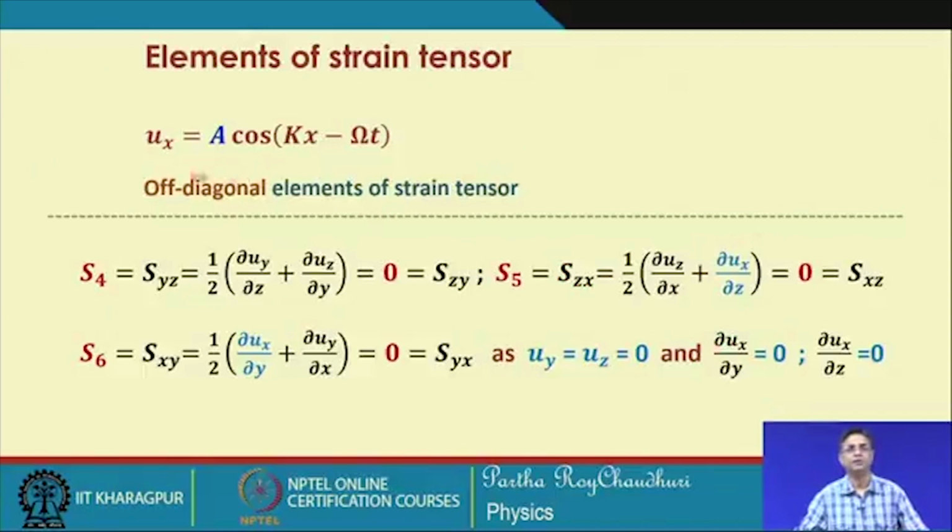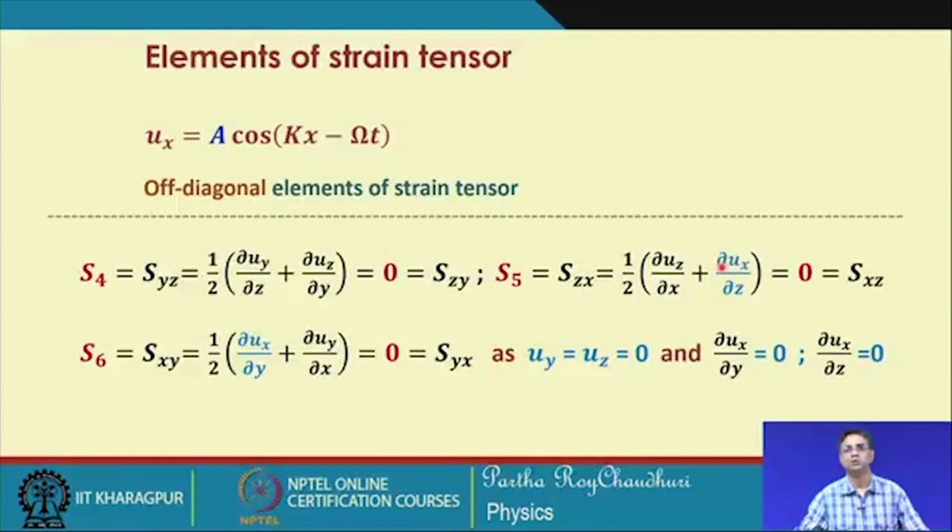In the same way, for the off-diagonal elements, S4 is 0 because u y is 0 and u z is also 0, and similarly for S yz, because S zy and S yz are the same quantity. Similarly for S5, which is S zx, it involves u z, which is equal to 0, and there is no change of u x along z.